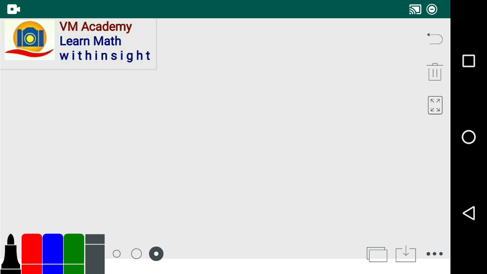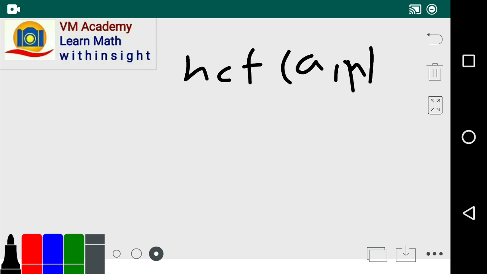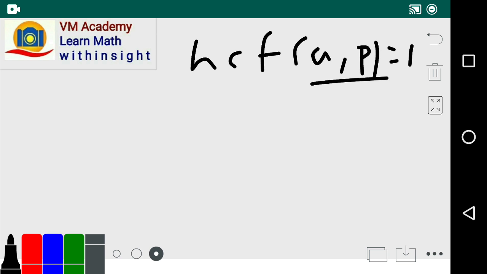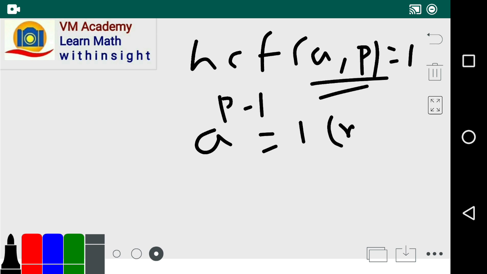According to Fermat's little theorem, if the highest common factor between a number a and a prime number p is 1, then a raised to p minus 1 is congruent to 1 mod p.